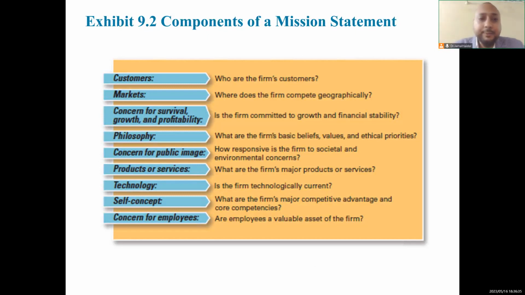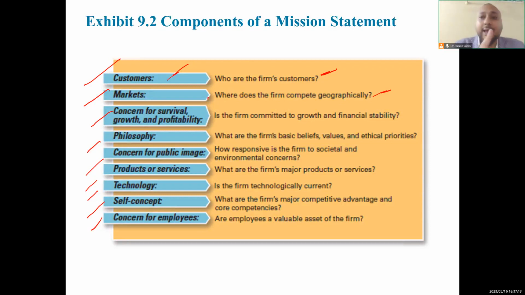Whenever you hear a mission statement, identify these words. You will find that in mission statements, companies talk about the customers, so that the company knows who the firm's target customers are. Companies will talk about geography, where the company competes geographically.